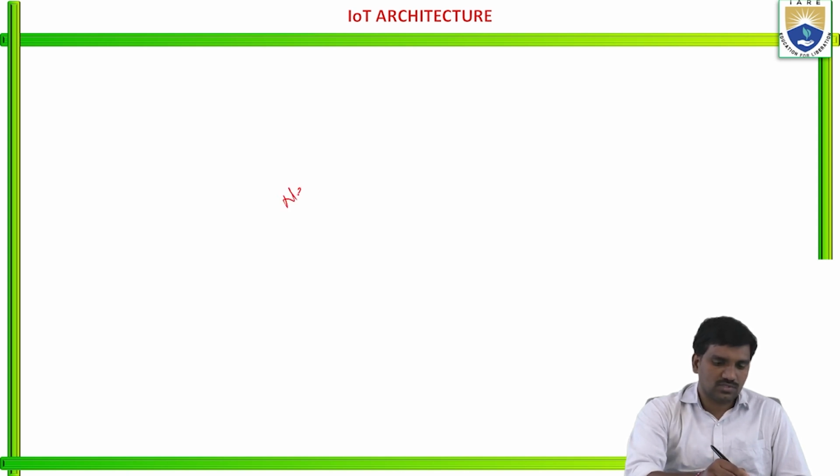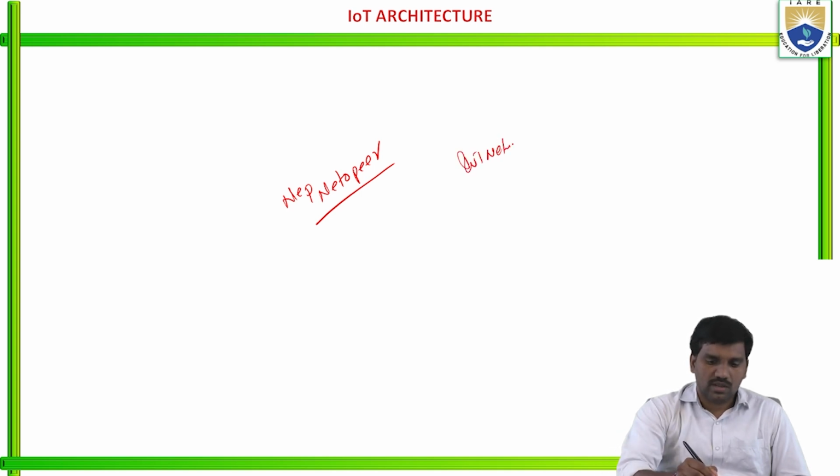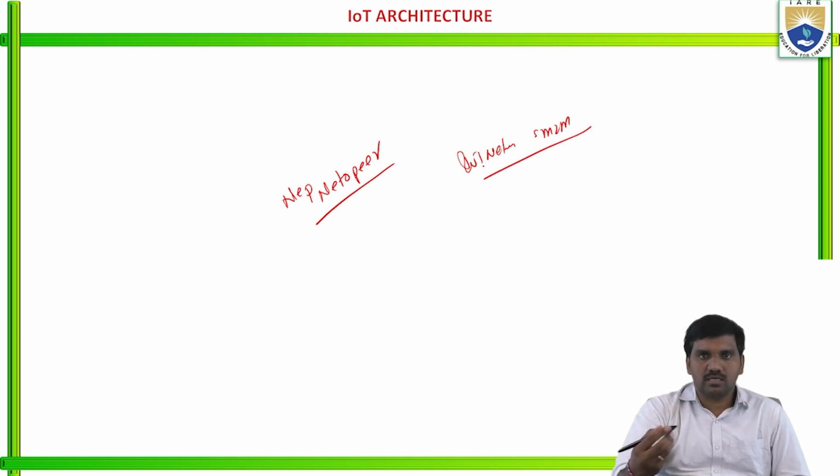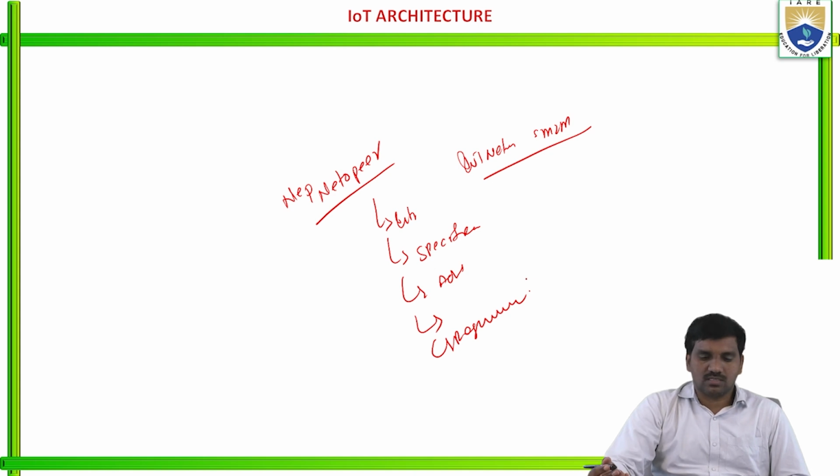In the last session, we discussed Netopir in terms of IoT networks and machine-to-machine communication technology: the introduction, the important specifications, the advantages, the applications, and the requirements to build Netopir communication.